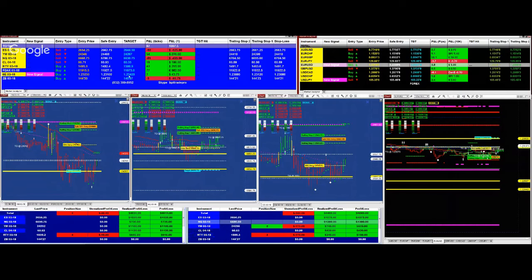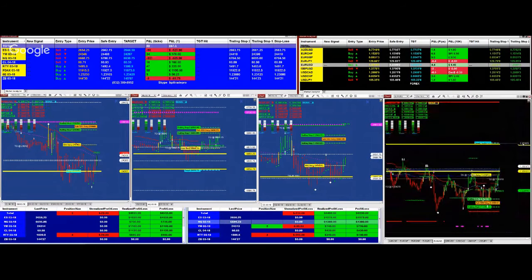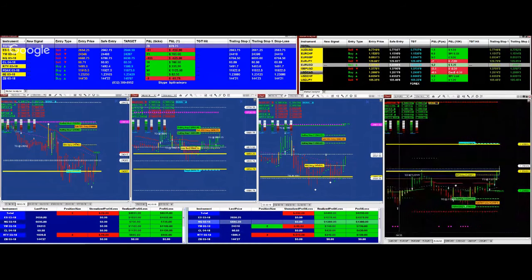The target is 234.20. On the pullback, the re-entry price is 123.100. And it tells you the trailing stop one and the trailing stop two.